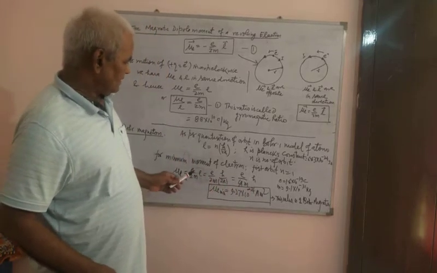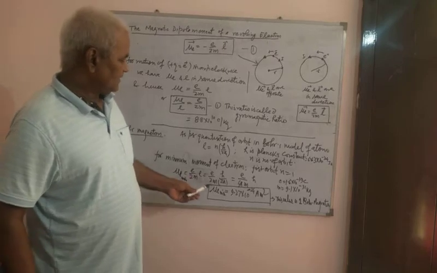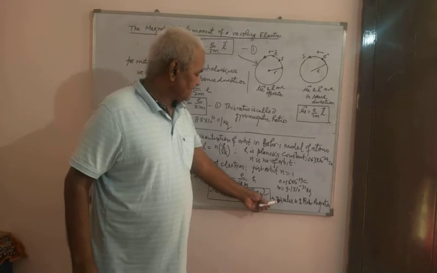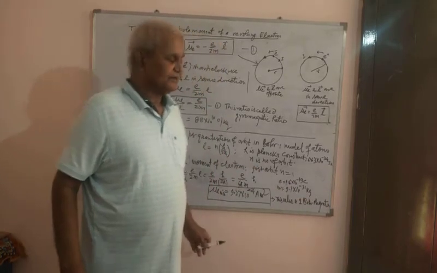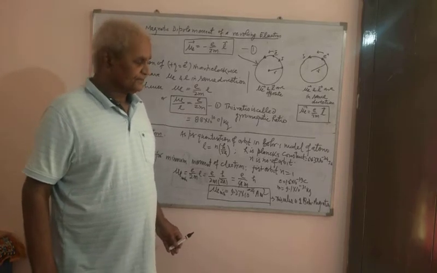So the minimum magnetic moment of a revolving electron in an atom is referred to as 1 Bohr magneton. This value is referred to as 1 Bohr magneton, 1 BM, 9.27 into 10 power minus 24 ampere meter square.